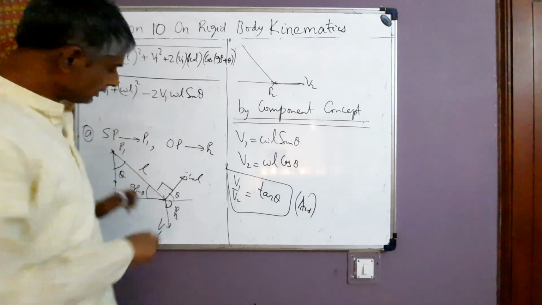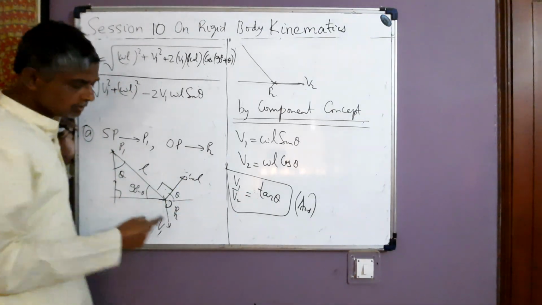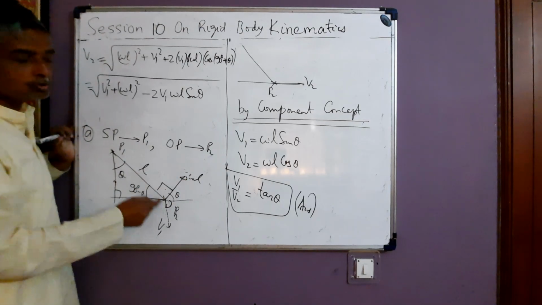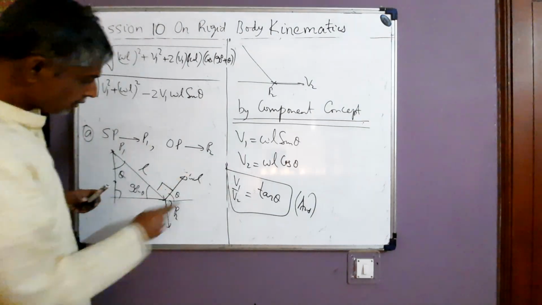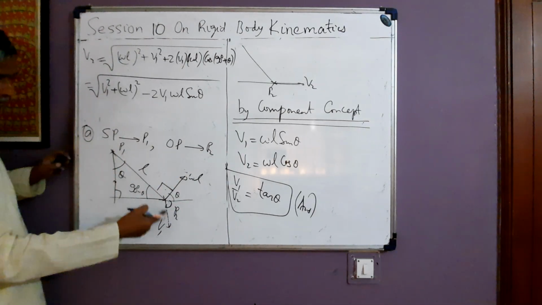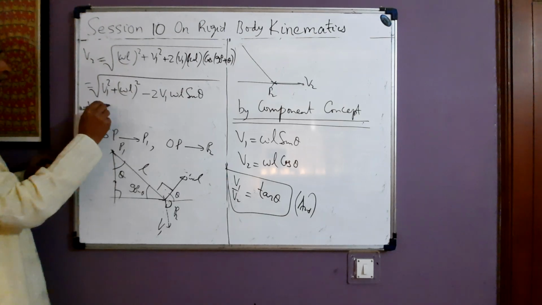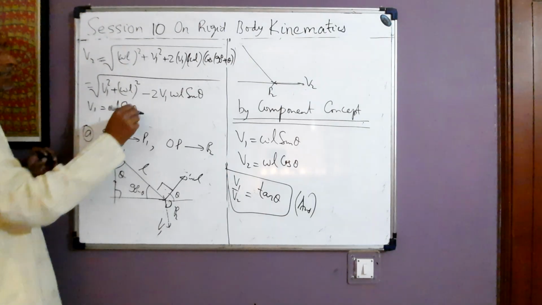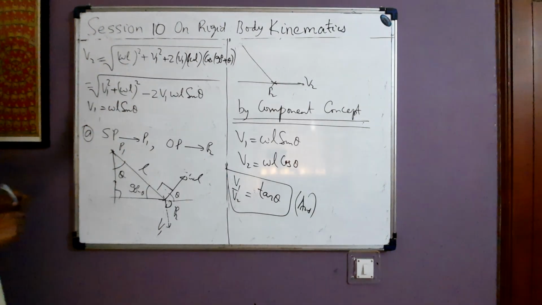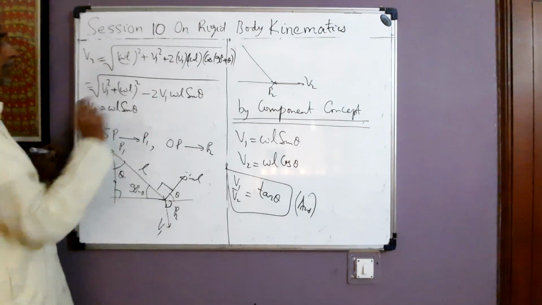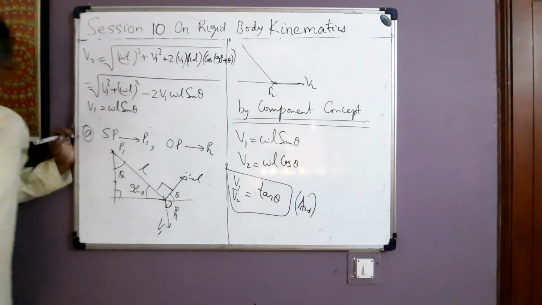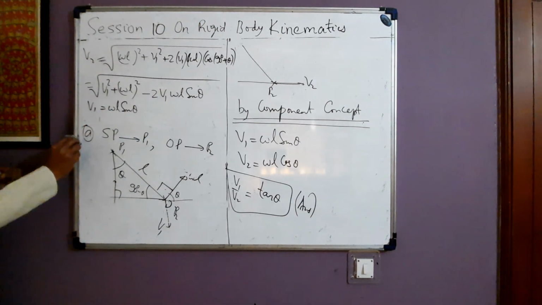Now we also know that the resultant of these two is in this direction. So the vertical component of the resultant of these two should cancel out, as we did here also. So V1 is just equal to omega L sin theta. Now what do we do? We replace this V1 here.